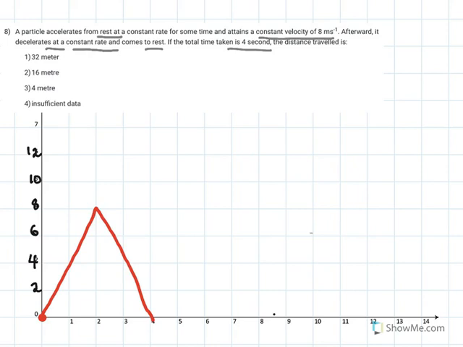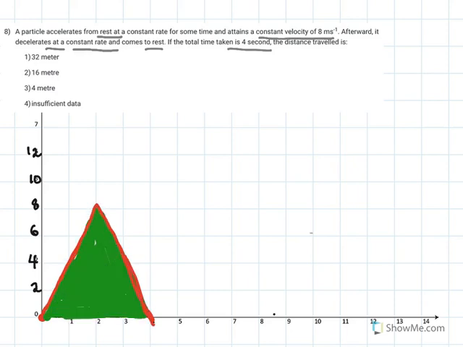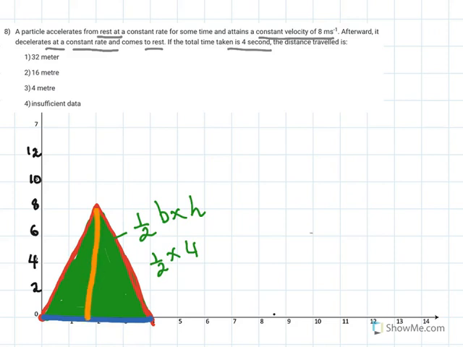Now to find the area, this area would give me the distance, and that area would be half base into height, because it is a triangle. And if you notice here, the base is 4, here is the base, and this is the height of the triangle.